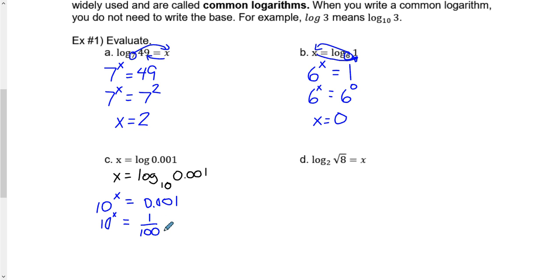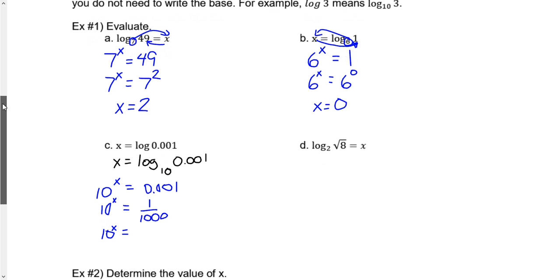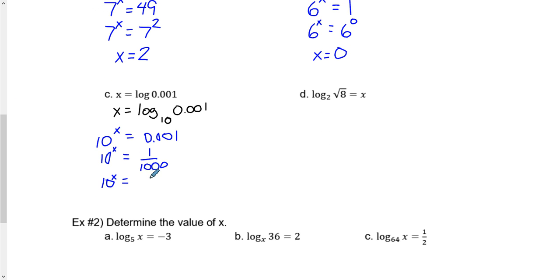So 1 over 1,000. 1,000 is 10 to the power of 3.